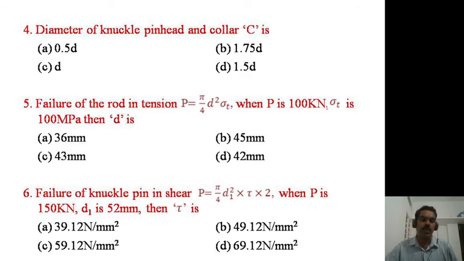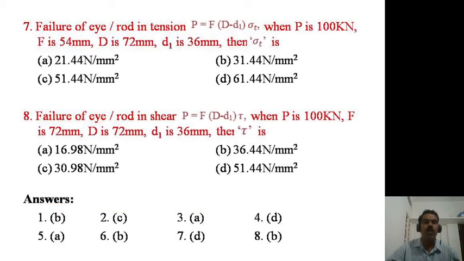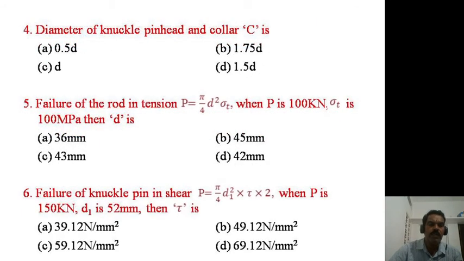Okay, so next problem number 6. What is the question here? That is the sixth question. Failure of knuckle pin in shear, P is equal to area into shear stress into 2.